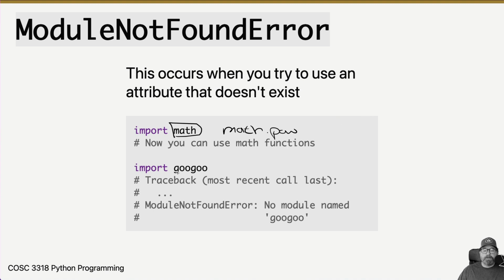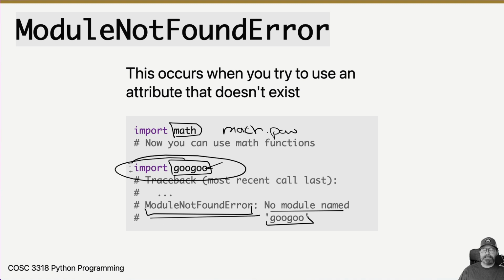But if you import something that it doesn't know about, goo goo, then you end up with a module not found error, no module named goo goo. So you would need to either change this name to something that's real, or you install a package named goo goo. And we'll find out how to install packages much later in our class. But this is module not found error when you try to import something Python doesn't know about.